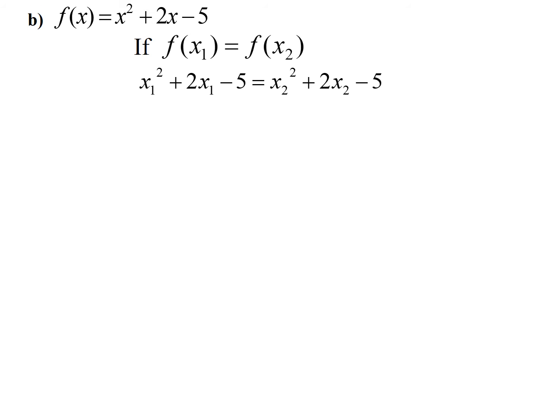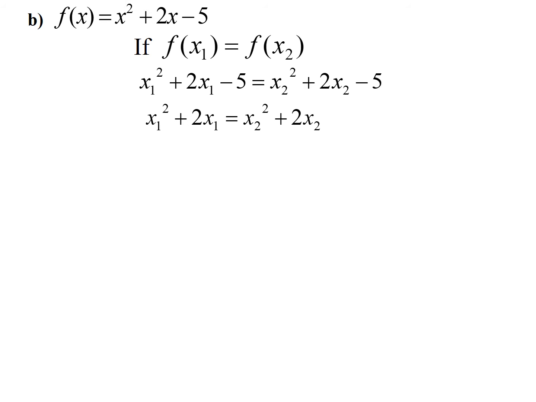So then minus 5 plus 5 becomes 0. And then it will get x1 squared plus 2x1 equals x2 squared plus 2x2. And then after that, we do completing the square on the left hand side and on the right hand side.